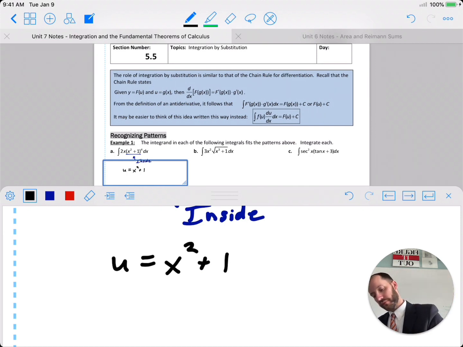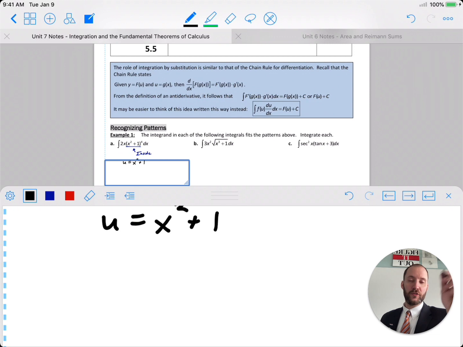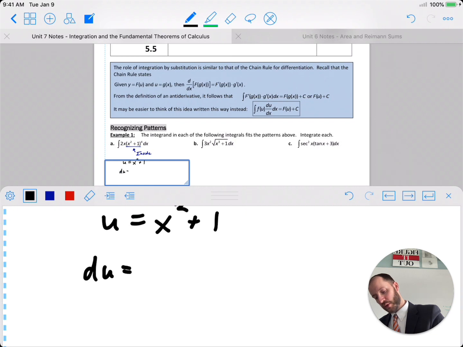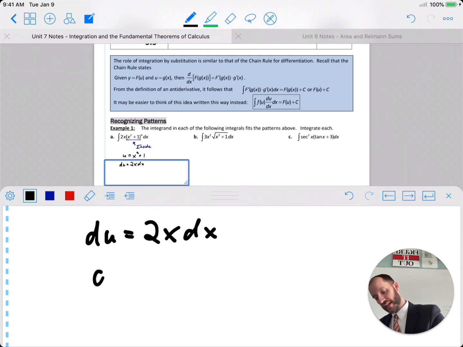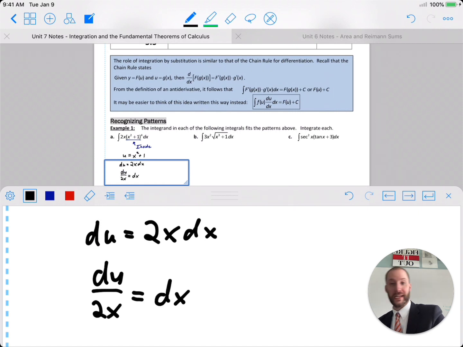Okay? So take the derivative using implicit differentiation. So du equals 2x dx, the plus 1 goes away. Now solve for dx, so du over 2x equals dx.